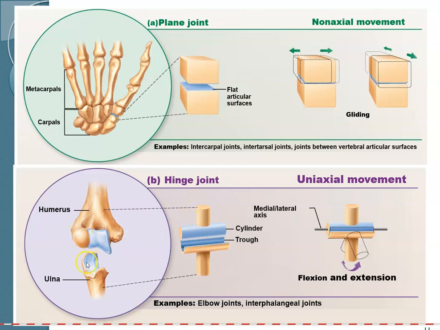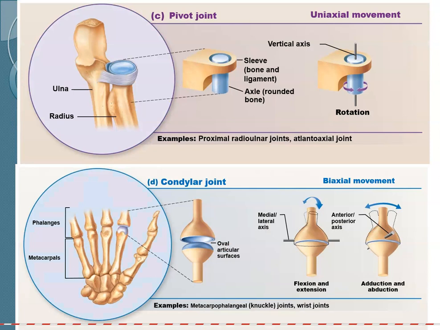A good one is the trochlea of our humerus, and then the ulna, the trochlear notch, kind of forms a trough. So that's in our elbow. Another place, our knee joints are also hinge joints. Even between the phalanges in our fingers and our toes, those are also hinge joints.